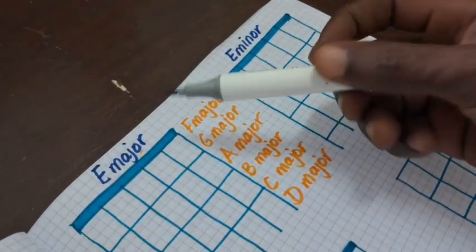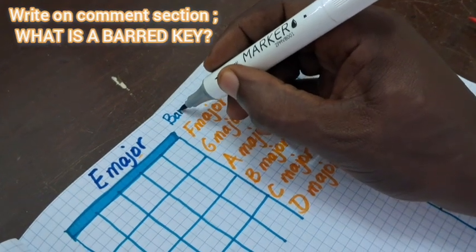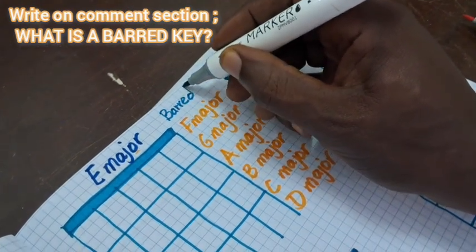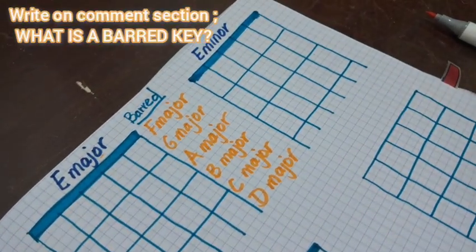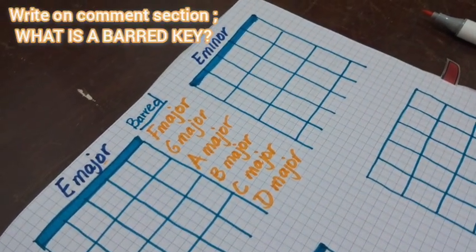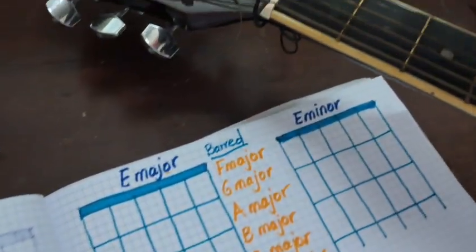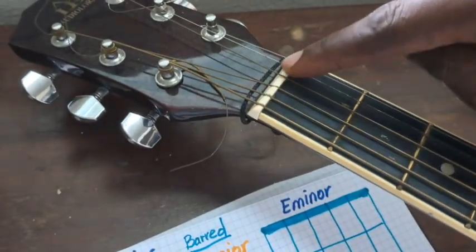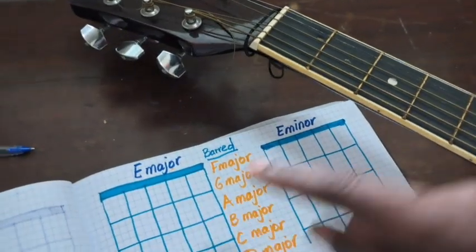Now, all these keys are going to be barred. They are going to be barred, meaning they are going to appear on the body of the guitar. So while our formula here is appearing on the nut of the guitar here, as you can see, the first one is thick.